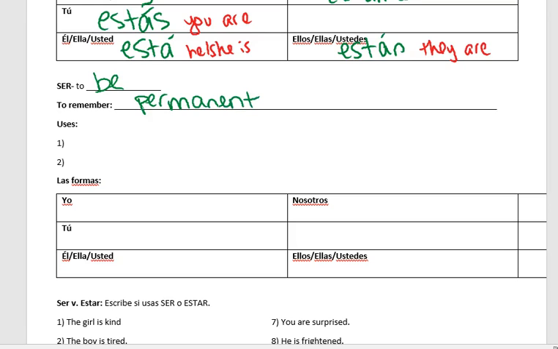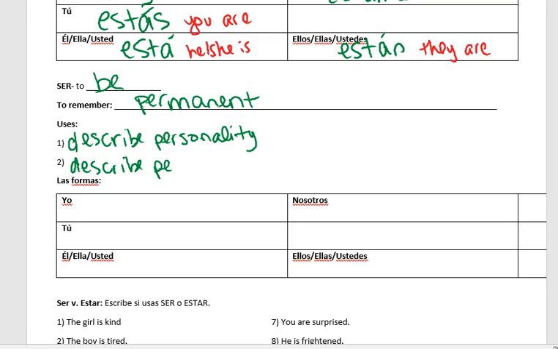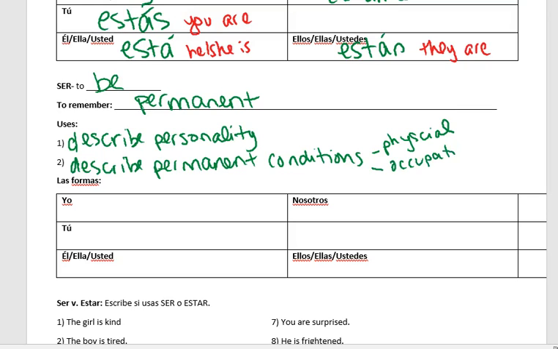Two main ways it's used is to describe personality, as well as to describe other permanent conditions. An example of a permanent condition is your physical attributes. Your physical characteristics are permanent conditions. Okay, your occupation is traditionally a permanent condition.